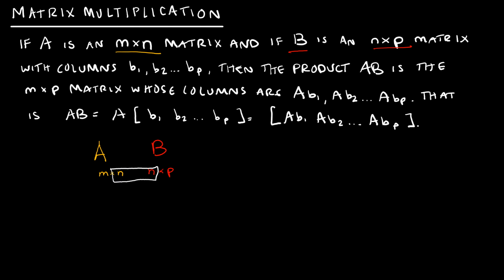The other thing that you should notice here is that the resulting matrix, AB, which is a product, is an m by p matrix.